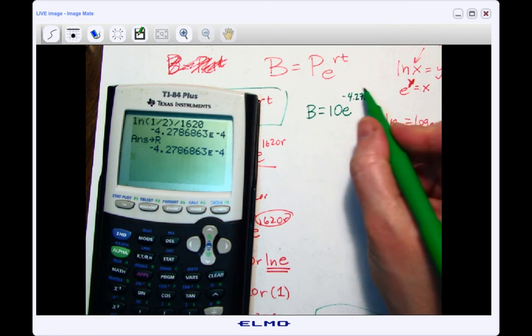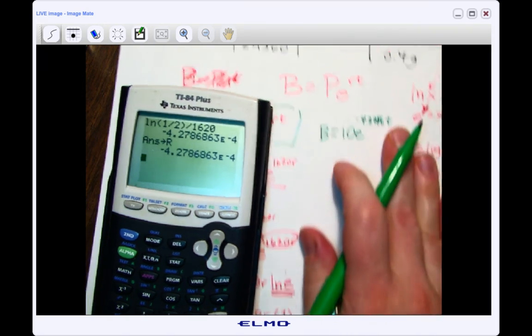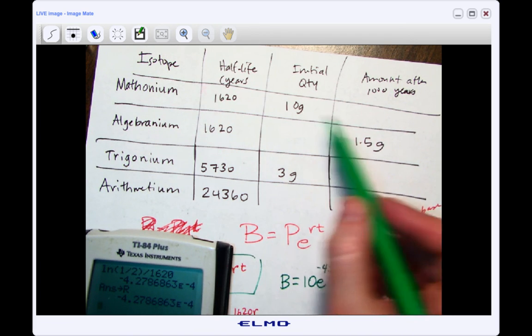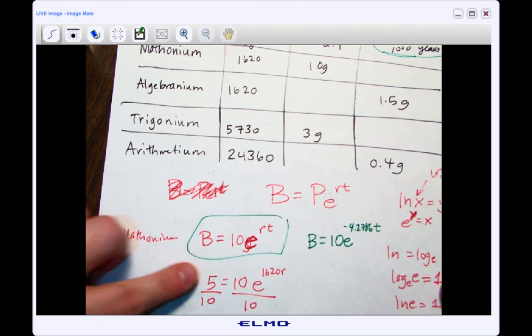Okay, so now this is my equation with the t, so the time. Now, if I go back to the original question, that actually isn't what I wanted to know. They didn't ask me the rate. They asked me, how much will I have after 1,000 years? So let's just ask ourselves for 1 second. Is that going to be more or less than 5?